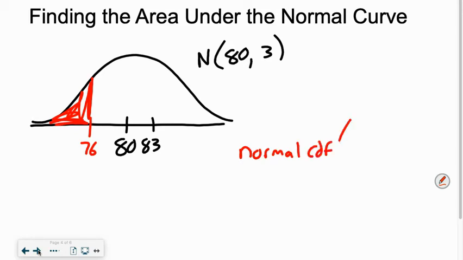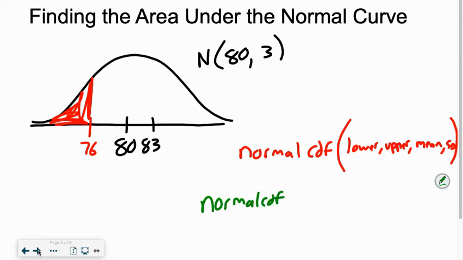So when you do this, it's going to be lower bound, upper bound, mean, and standard deviation. So for this example, we would go to normal CDF.